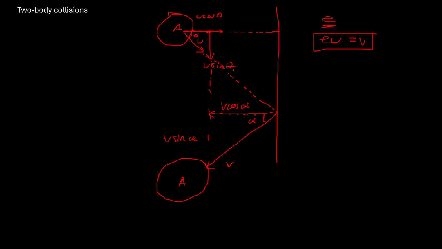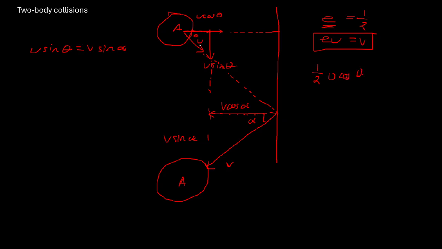Since the parallel velocity remains the same, u sin theta would be equal to v sin alpha, but the horizontal velocities would follow this formula because they are perpendicular to the barrier. And since we can give e to be 1 by 2, we can say 1 by 2 times u cos theta.